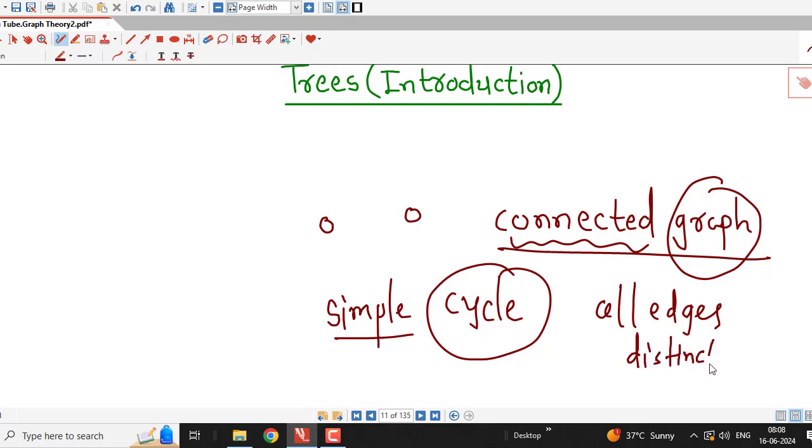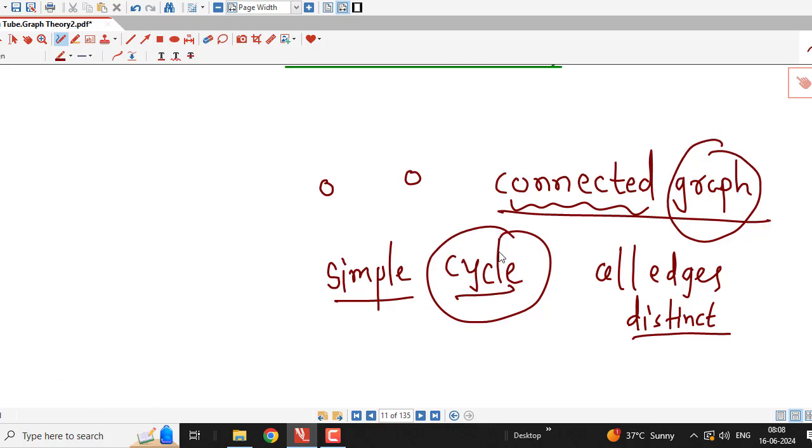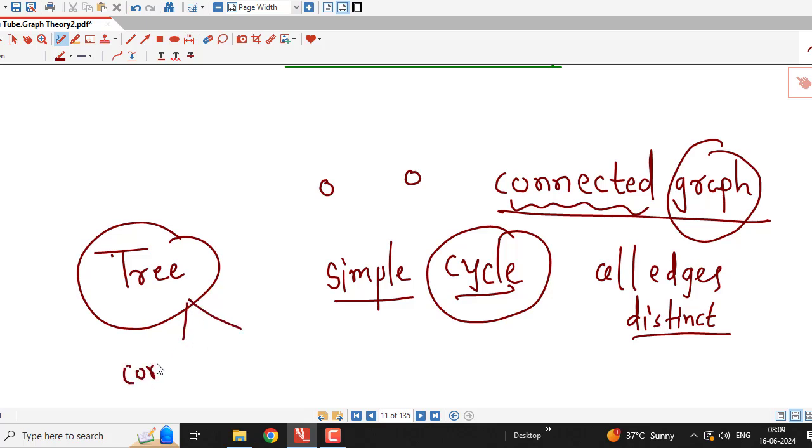If all edges in a cycle are distinct, then the cycle is called a simple cycle. So if you are familiar with these two definitions, then it is very easy to understand or remember the definition of a tree. A tree is a connected graph with no simple cycles.